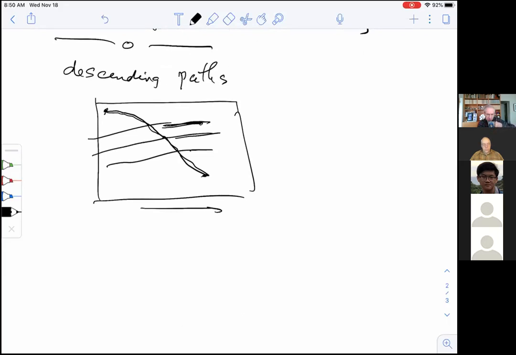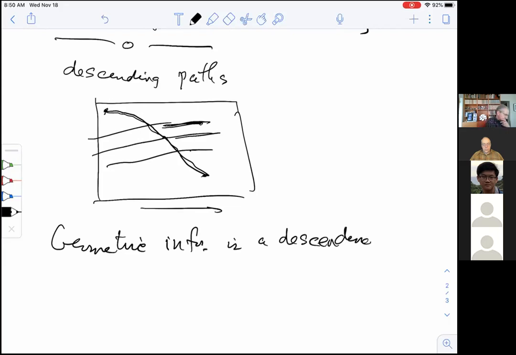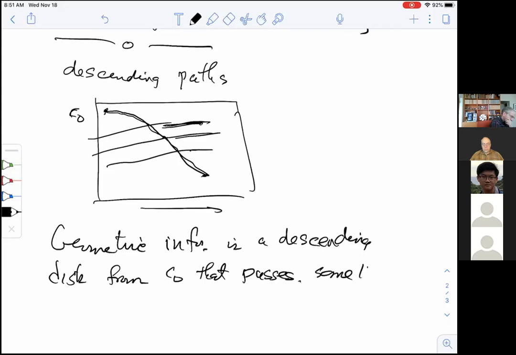Called the descending path, and we want geometric information to capture all descending paths up to homotopy, and the geometric information is a descending disk from the critical point, the special critical point that's doing the moving, C naught, that passes some number of lower critical values.